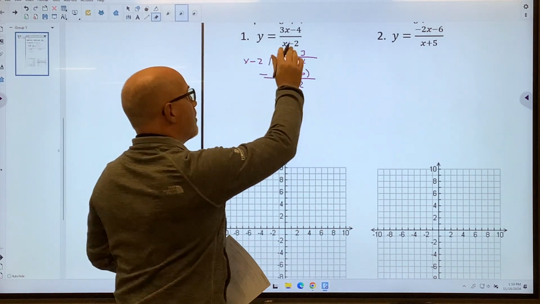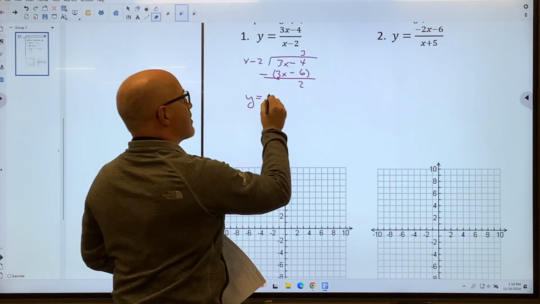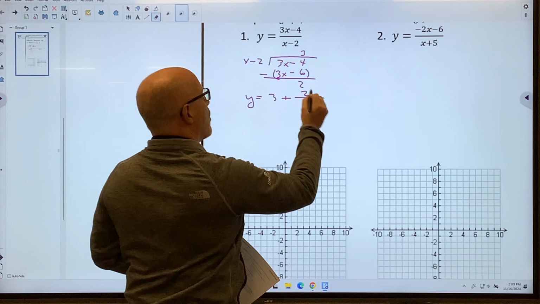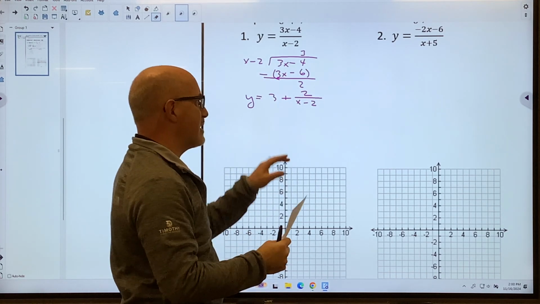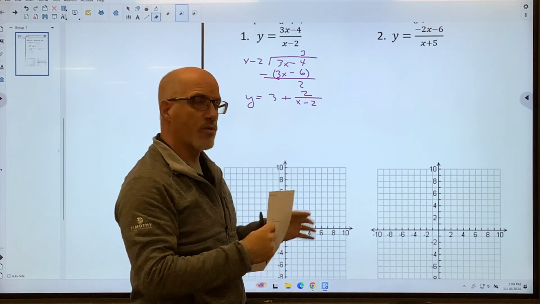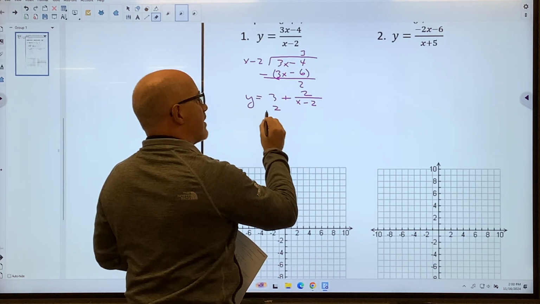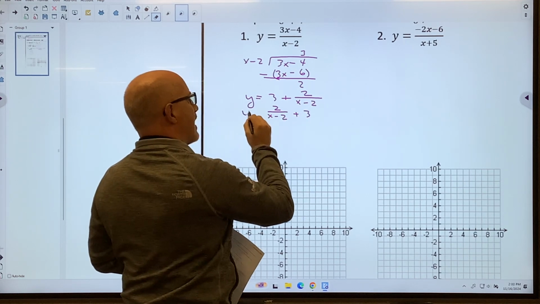So for my format, I'm just going to rewrite it: y will equal 3 plus the 2 over the divisor x minus 2. Notice that this is in the reverse order of what we had above, where we had the fraction first and then added the value.